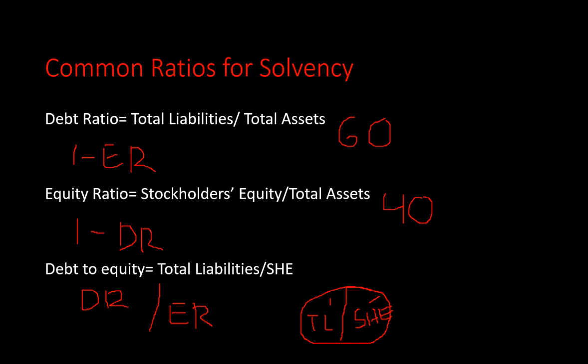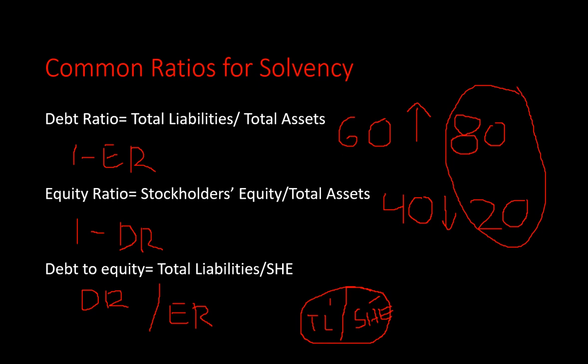So if we expect this to go up, let's say from 60 to 80%, since their total is always equal to 1, we expect that this one will go down to 20%. The total is always 100%. Why? Because total assets will always be equal to your total liabilities plus capital or stockholders' equity.